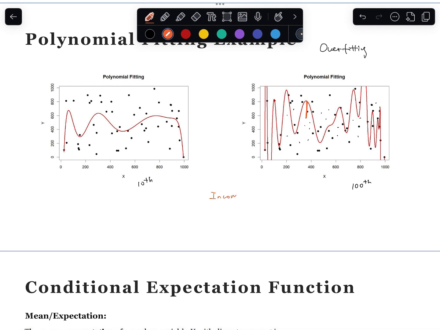Then let's go to the second part about the conditional expectation function. First of all, in case some of you did not take probability or statistics classes, I will first introduce some basic notations. The first one is the mean or expectation of a random variable y.